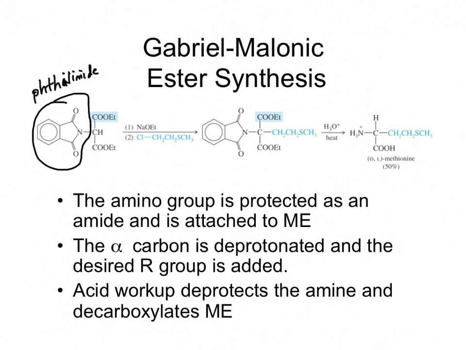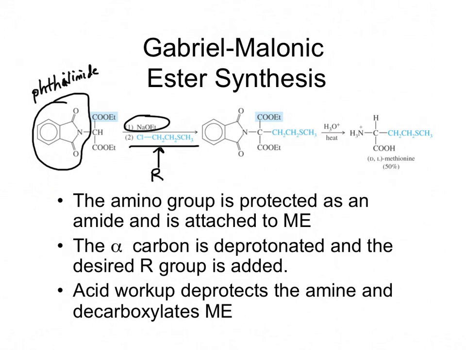So what we're trying to do is at the alpha carbon, we have the nitrogen, we need the R group. It's a simple malonic ester synthesis. We're going to treat it with base first. Then this group right here is whatever we want to put the R group on there. So you could do acid chloride, here they did an alkyl halide.